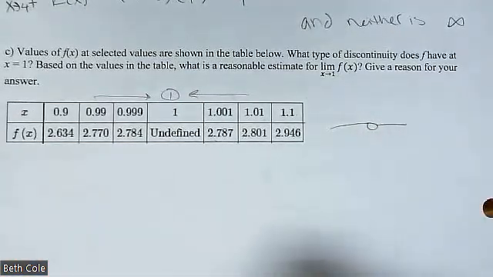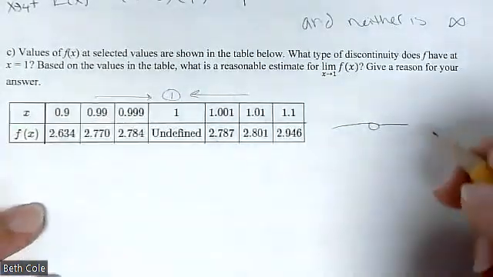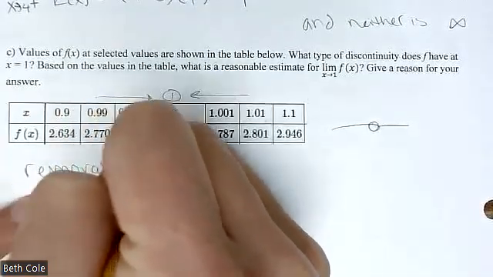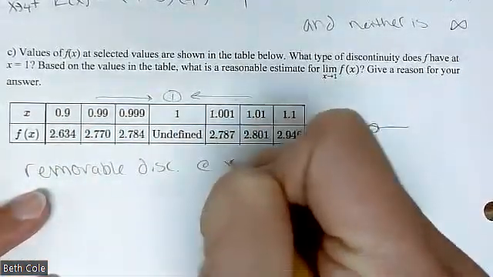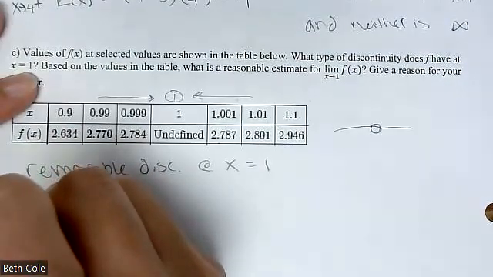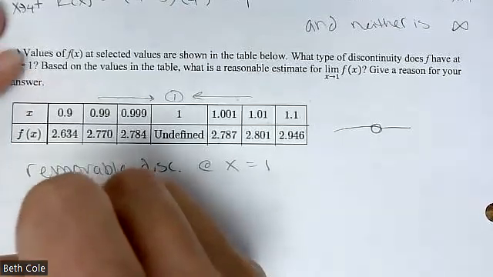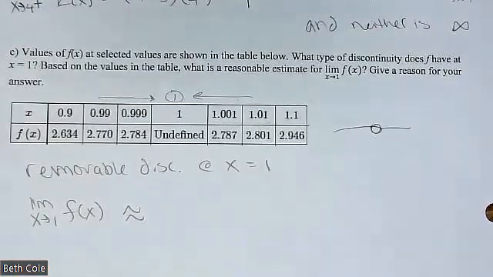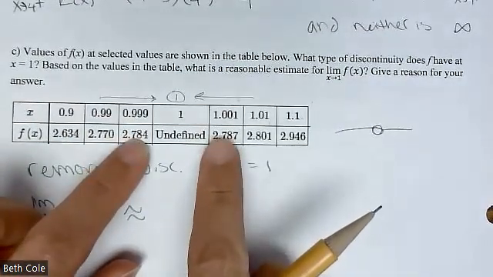So what type of discontinuity? Removable. So we're going to say removable discontinuity at x equals 1. And it says, what's a reasonable estimate for the limit? So limit as x goes to 1 for this function is approximately, and you would want to put what's halfway between these.